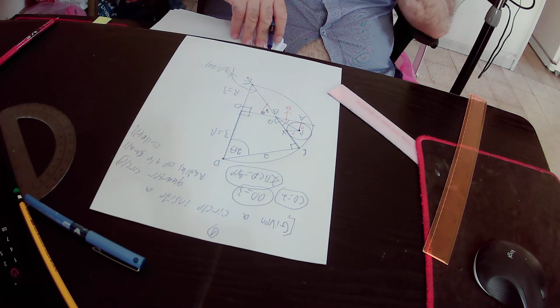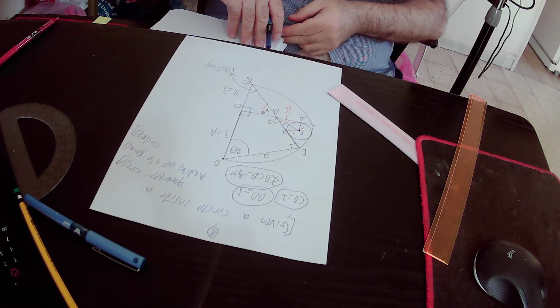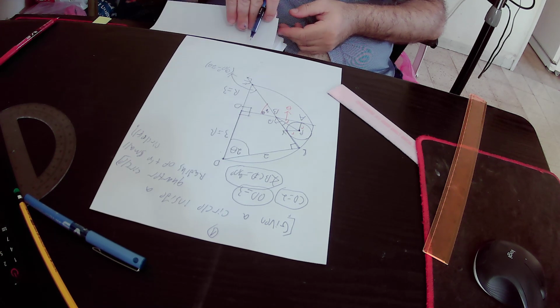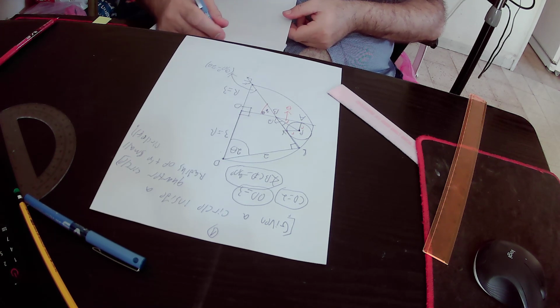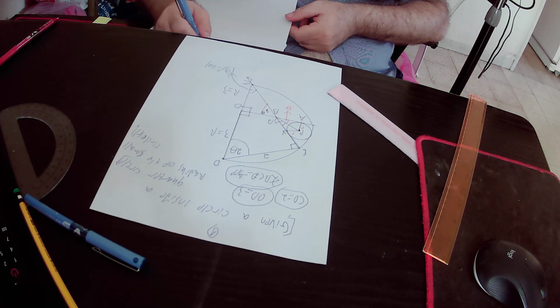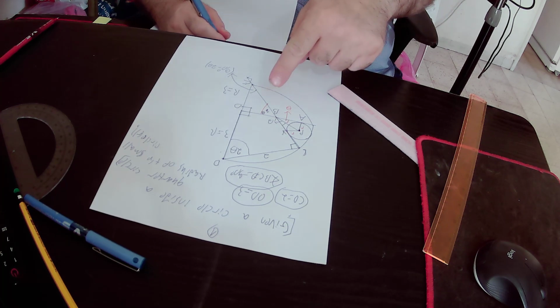So in the next step we will focus on triangle BOE, right triangle BOE.